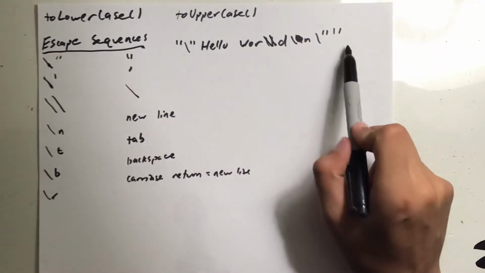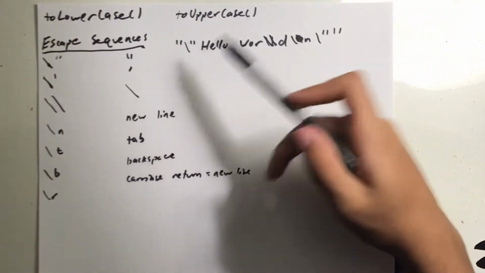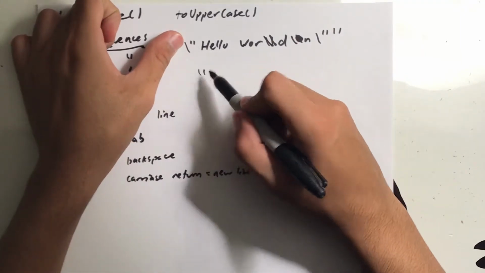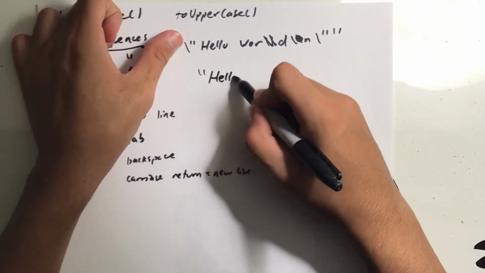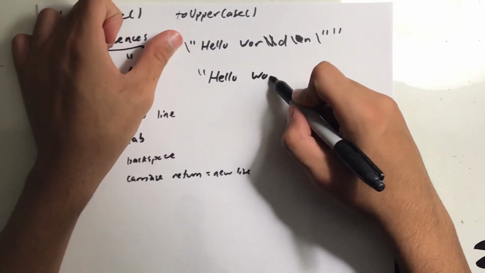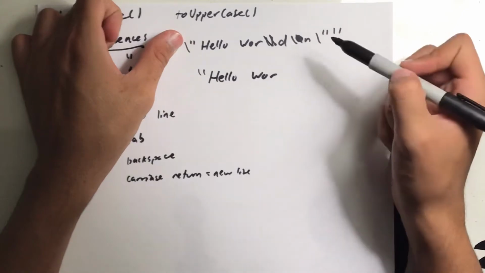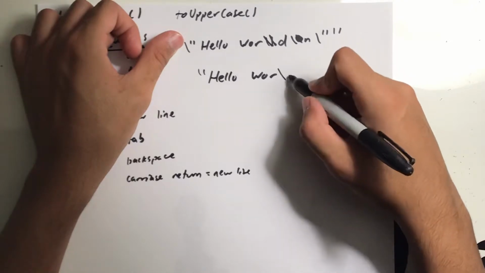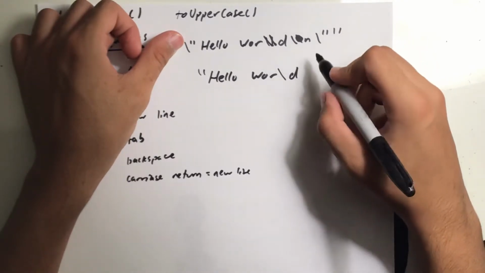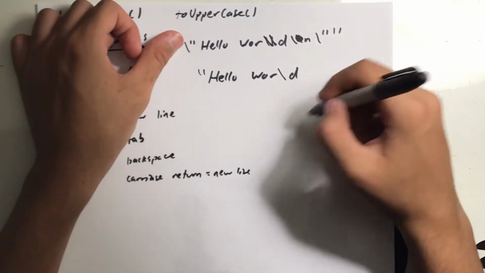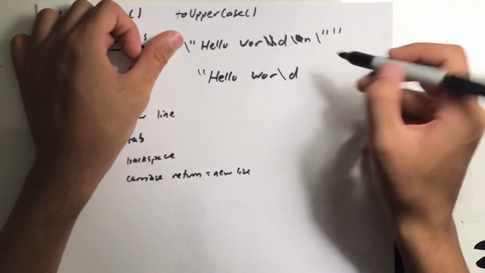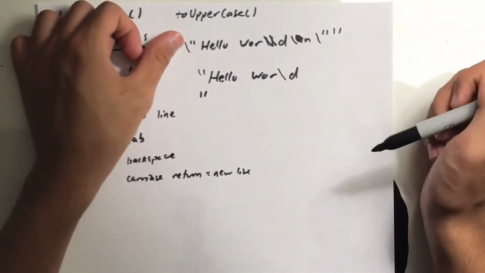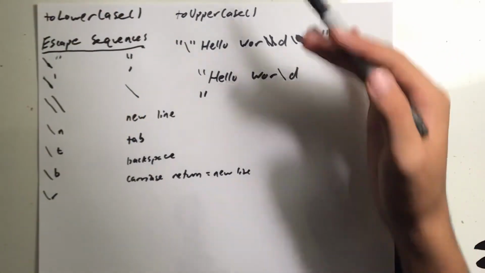So these two quotation marks mean it's going to be a string, and then backslash quotes means it's going to be a quote. Hello, space, world. But you see a backslash, and sorry if it doesn't look like a backslash, but it is. That means you're going to print one backslash. It's going to print our D. Backslash n means it's going to create a new line, right? And then it's going to print a quotation mark. And that's the string that gets printed out using escape sequences.